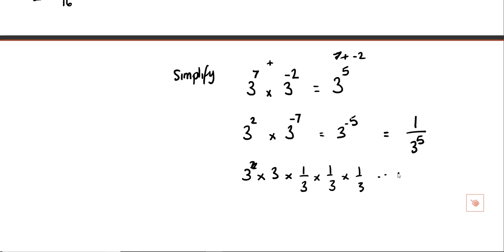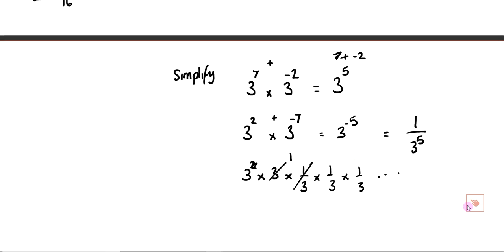A 3 multiplied by a 1 over 3 is 1, so they cancel each other out. That's the thing we've done before about cancelling out. But you can see the same rules apply. You still just add the two powers, right?